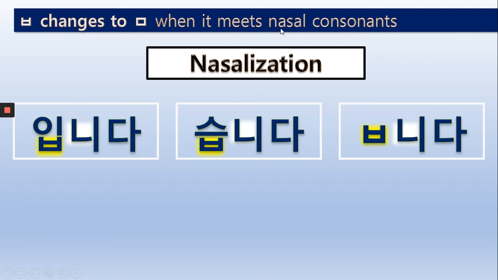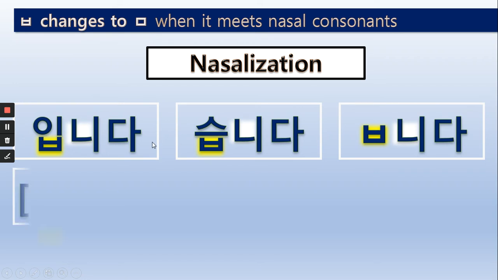Okay, ㄴ is like English n, or ㅁ, m, these sounds are nasal consonants. Nasal means nose. So when we pronounce ㄴ, ㅁ, we use our nose. So when this ㅂ meets the nasal consonant ㄴ, ㅂ changes to ㅁ.